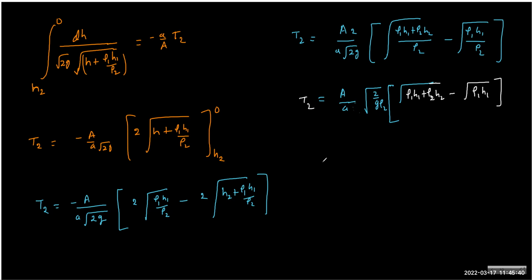Fine, so we got this answer, and then for total time, T equals T2 plus a by A, and for a single liquid the answer is fixed: root 2H by g.